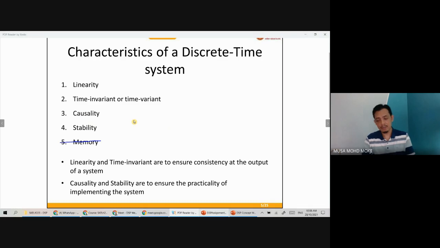If it's not causal, we cannot implement it. If it's not stable, we cannot implement it. Now it's just how we check causality and stability on a discrete time system. Everything is just repeating, only on a discrete time system. Because we have covered linearity, today we're going to cover time invariance, causality, and stability.